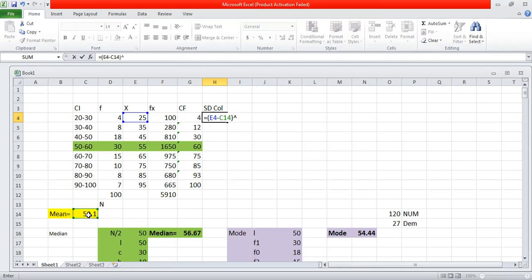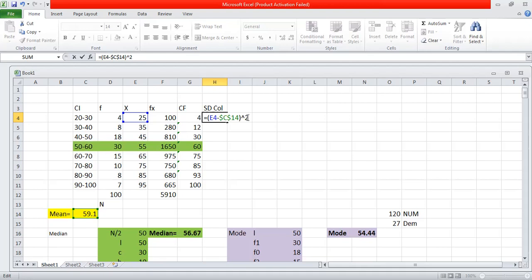So power 2. Whenever you're calculating these values, what is a constant? If I drag this formula, next it will take the below cell in place of mean. This mean value should be constant. So whenever you are making a constant value, you insert dollar symbol before C and after C so that the mean value will remain constant.